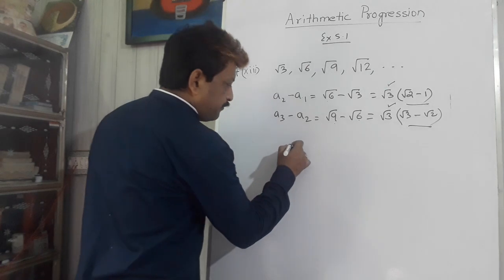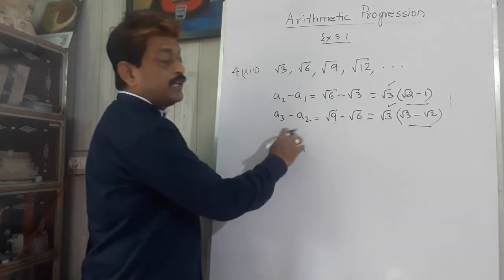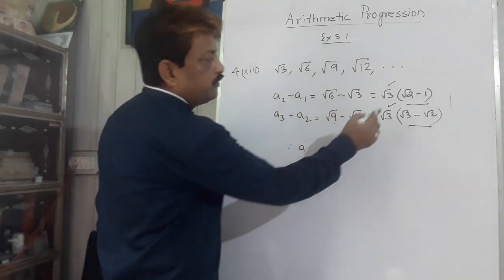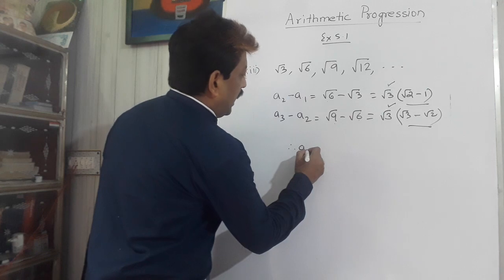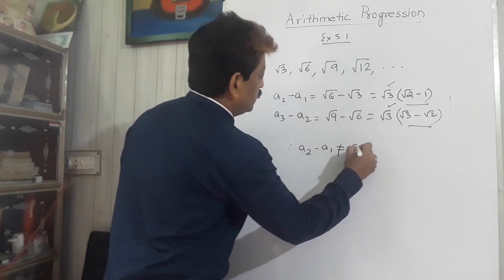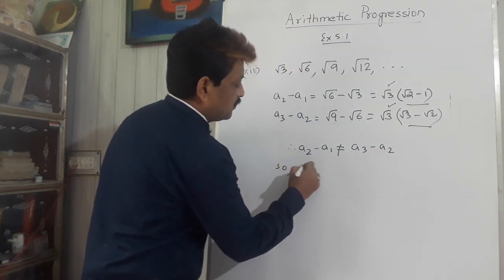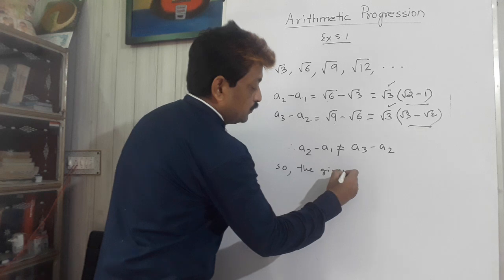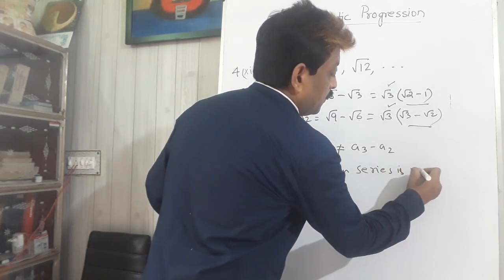Therefore, we don't have to go for doing A4 minus A3, because we have already got that they are not equal. So stop this subtraction and write down the answer like this: A2 minus A1 is not equal to A3 minus A2. So the given series is not an AP.